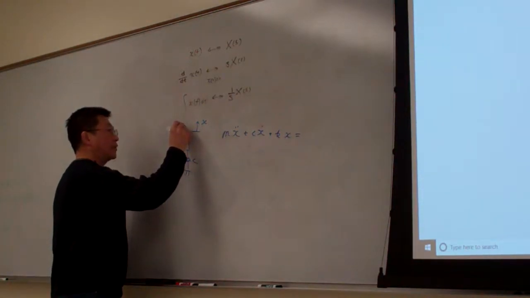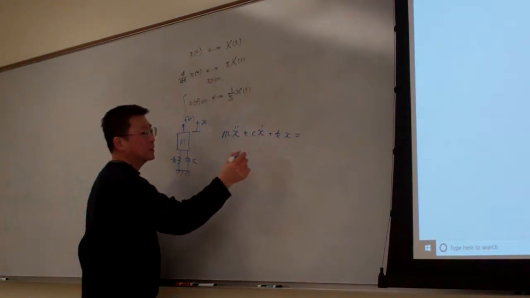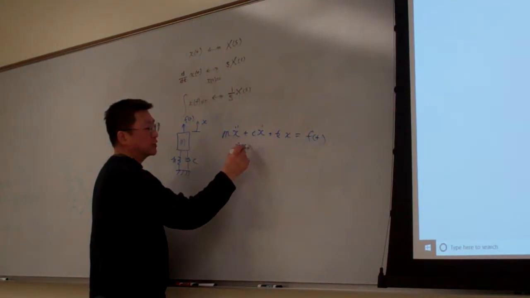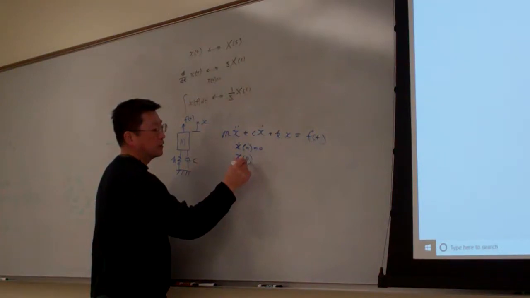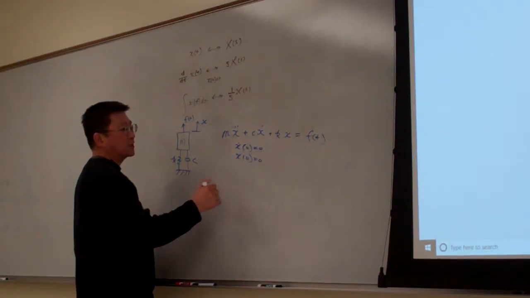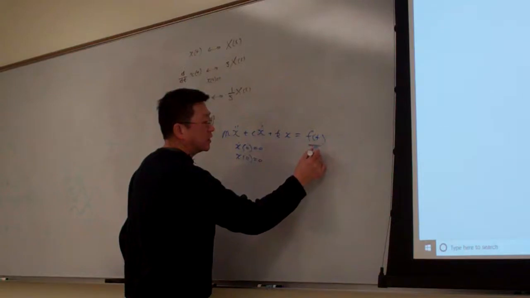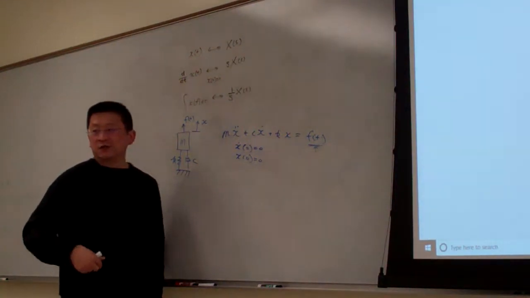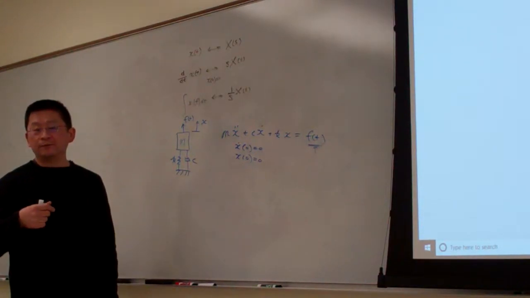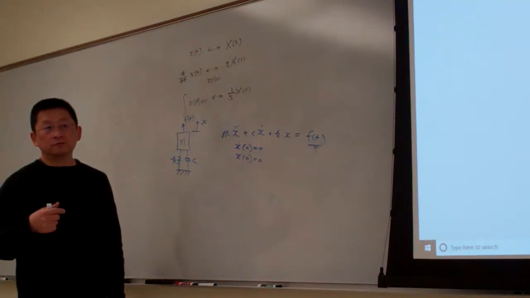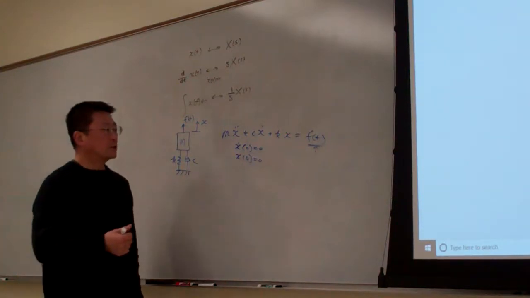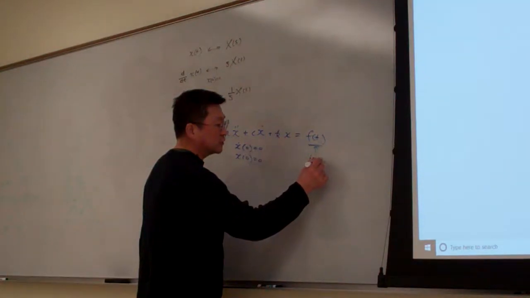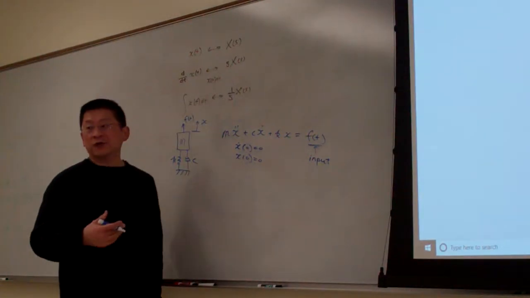For example, here I provide an external loading, F of t. Ignoring the initial conditions, this external loading is our force excitation, and the provided signal, in control terminology, we call the input.